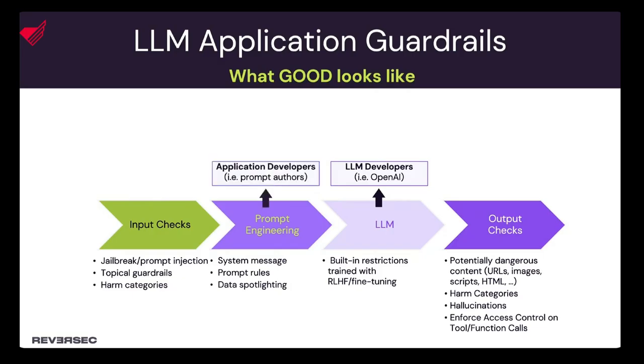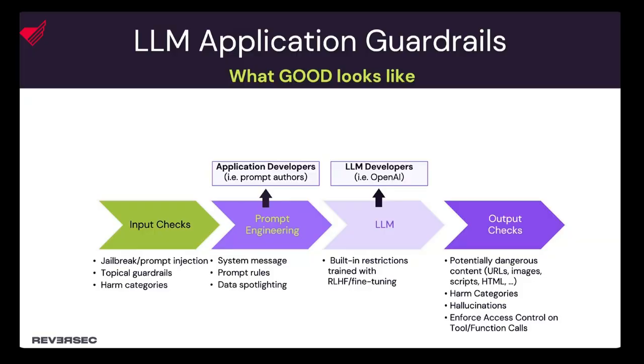Then as a developer, so as an organization that consumes an LLM to build a use case, there is a lot that can be done from the prompt engineering point of view. So what you see here are some of the techniques. Obviously prompt engineering is how we program the LLM, how we get the LLM in our application to do exactly what we want it to do.